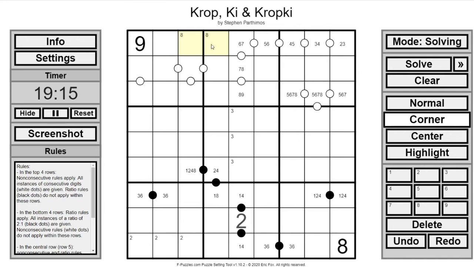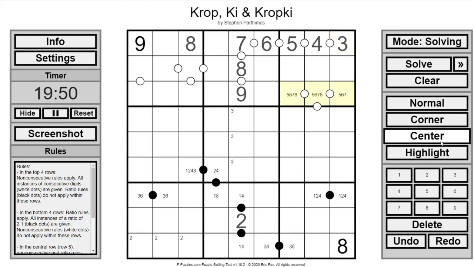Can 8 be here? I don't think so. If 8's here, then this is 9, 8. Yeah, that doesn't work at all. Which means for this row logic, this must be a 7, which should force the rest of it. So that's 7, 8, 9, whoops. 6, 5, 4, 3.